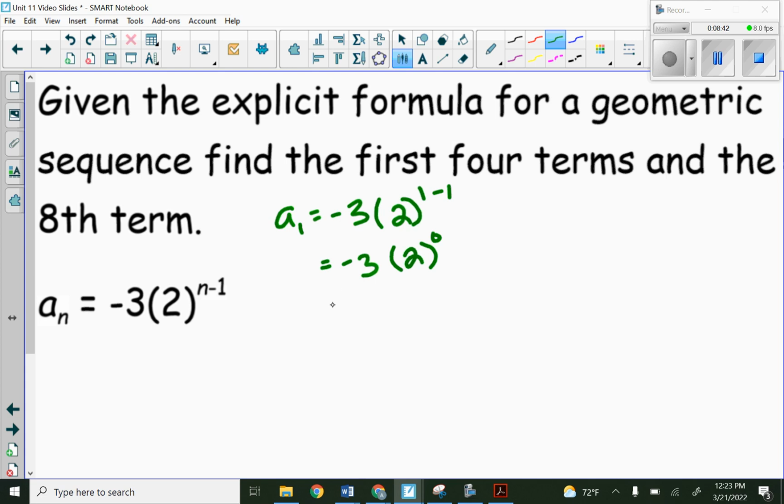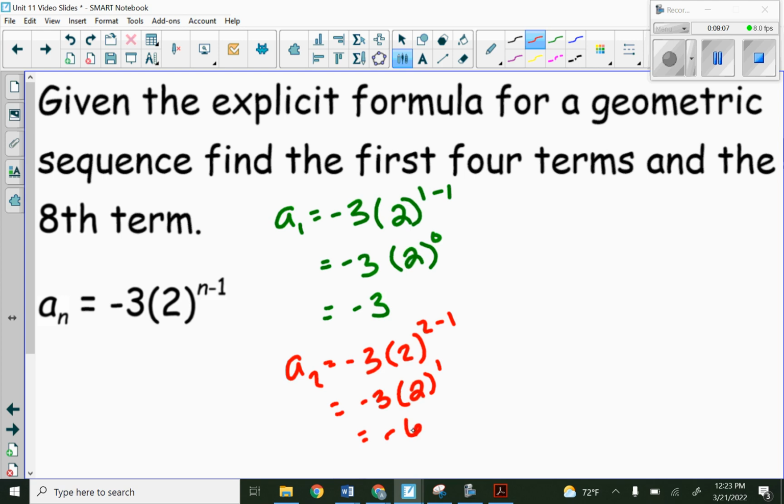You could plug that into a calculator if you needed. It would equal negative 3. A sub 2, negative 3 times 2 to the 2 minus 1 power. So negative 3 times 2 to the first power. If you needed to, you could plug that into the calculator. It's negative 6.